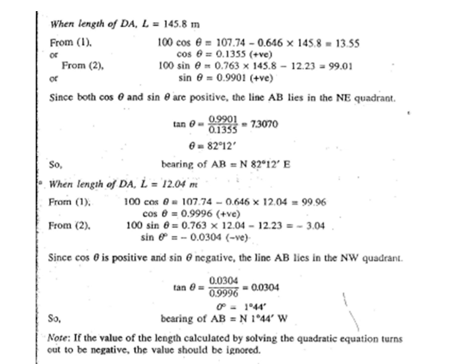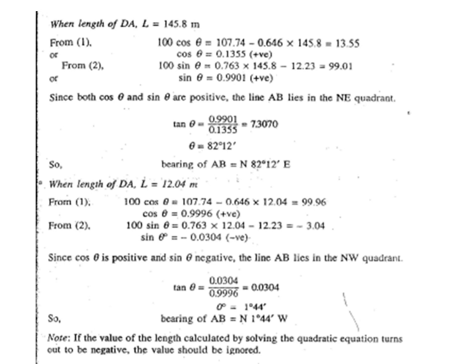Since cos theta is positive and sin theta is negative, the line AB lies in the northwest quadrant, that is the fourth quadrant. Therefore tan theta equals 0.0304 divided by 0.9996, so it comes to be 0.03. So the value of theta comes to be 1 degree 44 minutes. So the bearing of line AB is N 1 degree 44 minutes W.